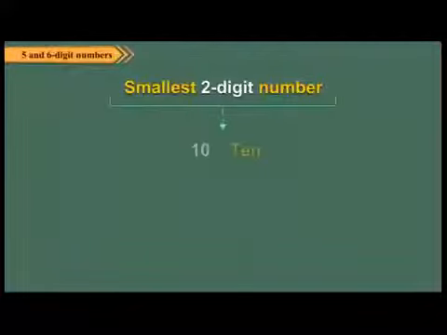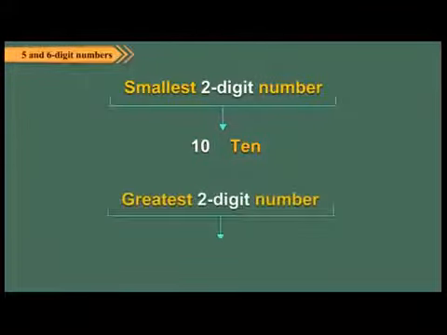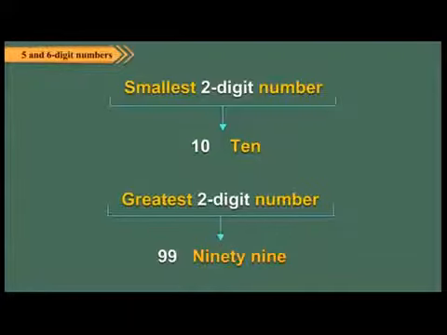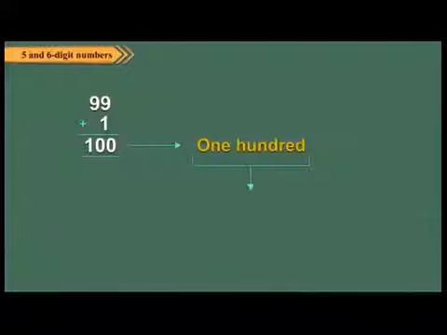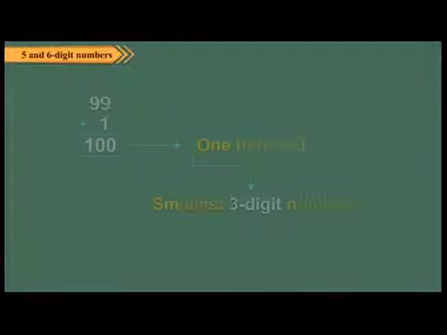The smallest 2-digit number is 10 and the greatest 2-digit number is 99. We read 99 as ninety-nine. When we add 1 to 99, we get 100, which is the smallest 3-digit number. It is read as one hundred.